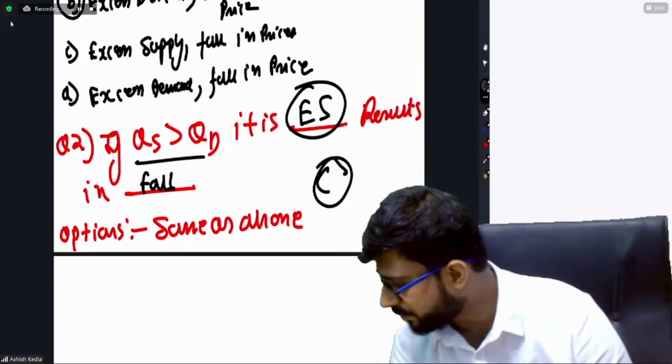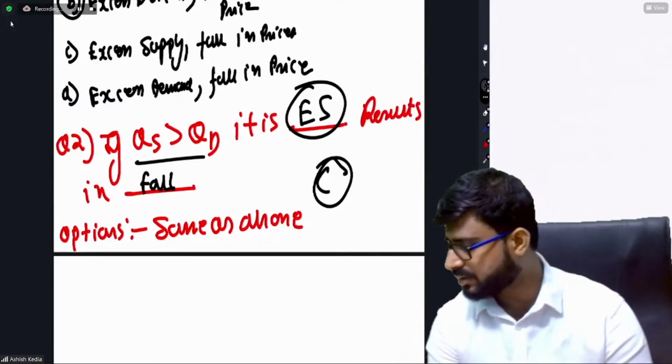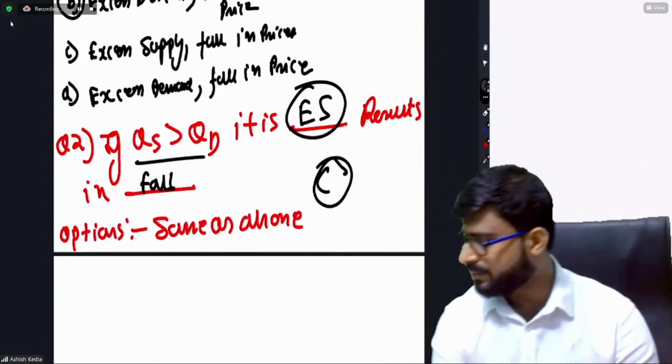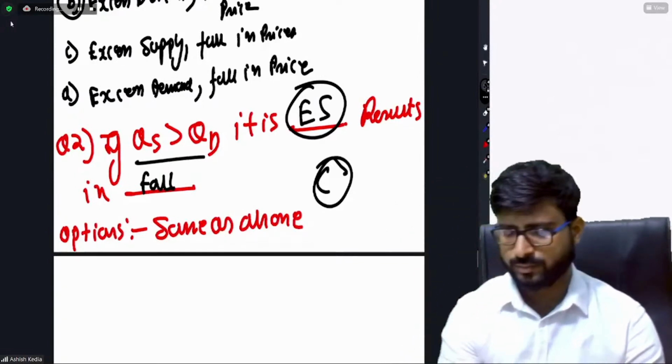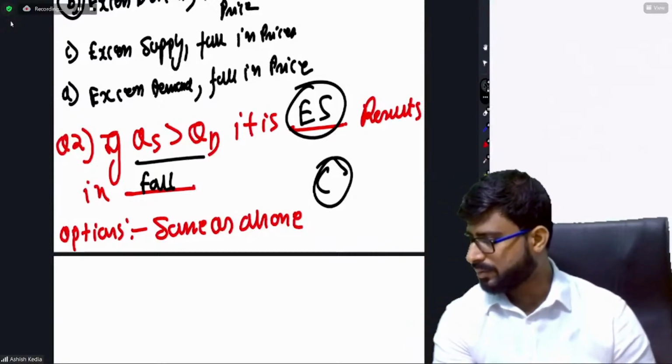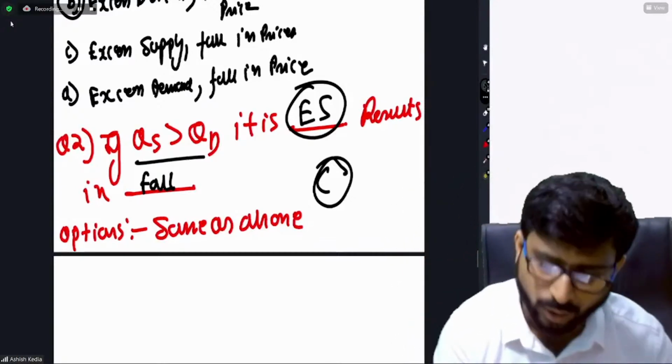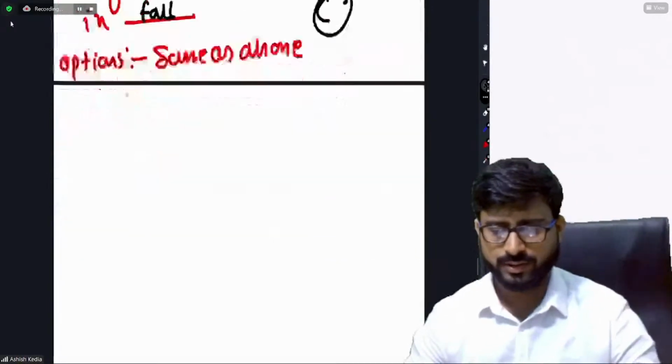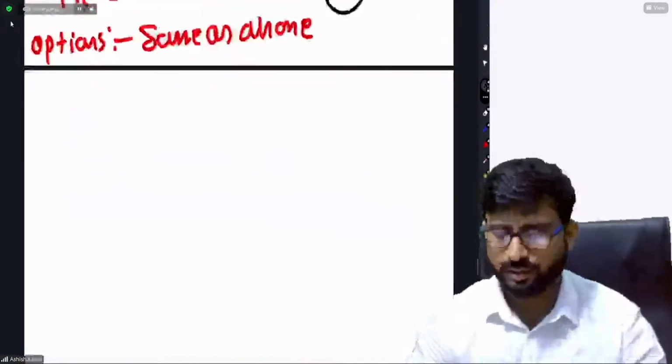Correct. Very good, Prem. Anand, correct answer. Mehak, correct answer. So 2C. Excess supply, fall in price. Correct. Next question.